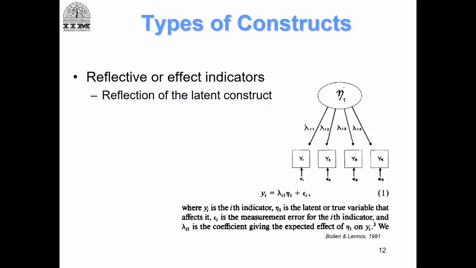This latent construct, let's call it factor f, and its reflection is being seen through observed items. So in our terminology we will call this the latent, and these are called observed.